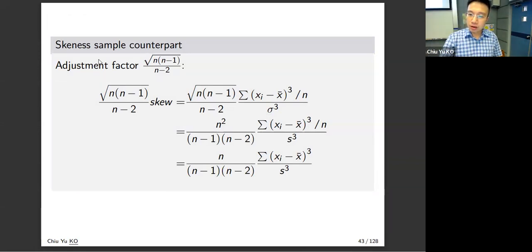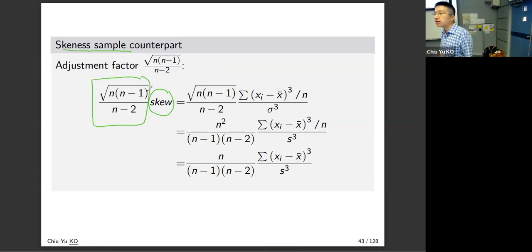If you calculate the skew function, there's what is called the sample counterpart. It's like this. You have to multiply this term. You ask why I'm showing these crazy slides here. One reason is that if you go to Excel and do the skew.